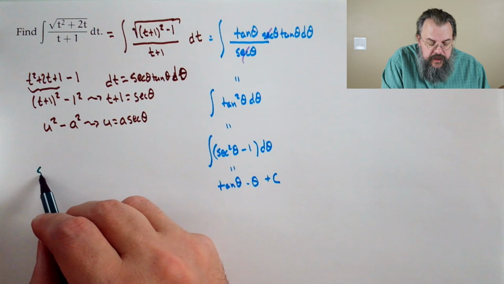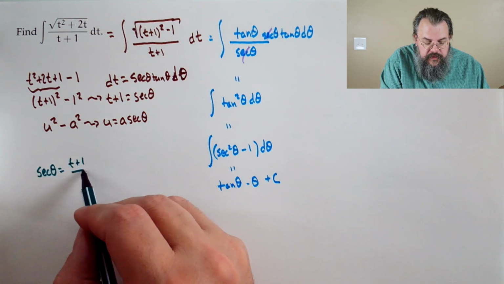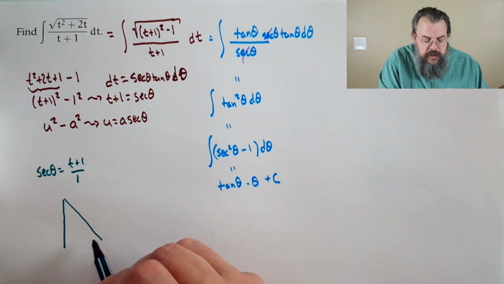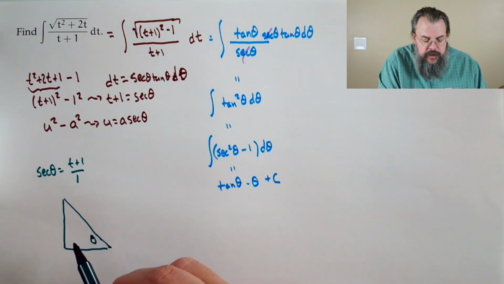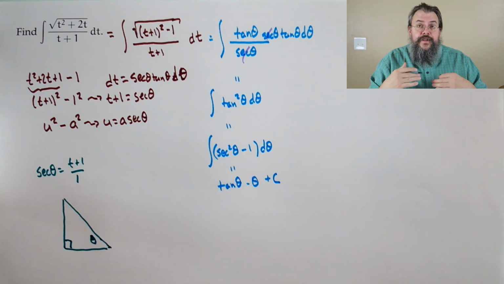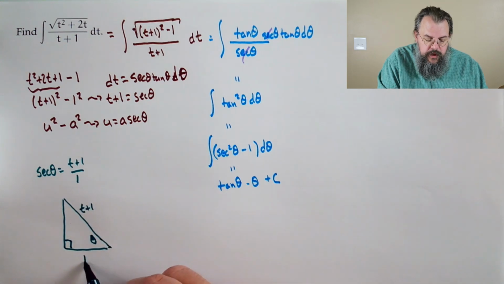We have that secant of theta is t plus 1, which we think of as t plus 1 over 1. So we can come in, draw a triangle. We can put theta in the corner. So here's theta. Now, secant is hypotenuse over adjacent. So t plus 1, and 1.